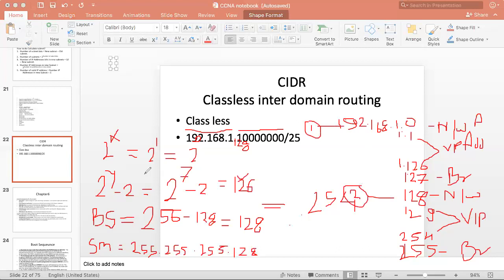That's what this formula is saying: I have two networks, and each network will have 126 valid IP addresses, where the block size decides the block and the subnet mask.